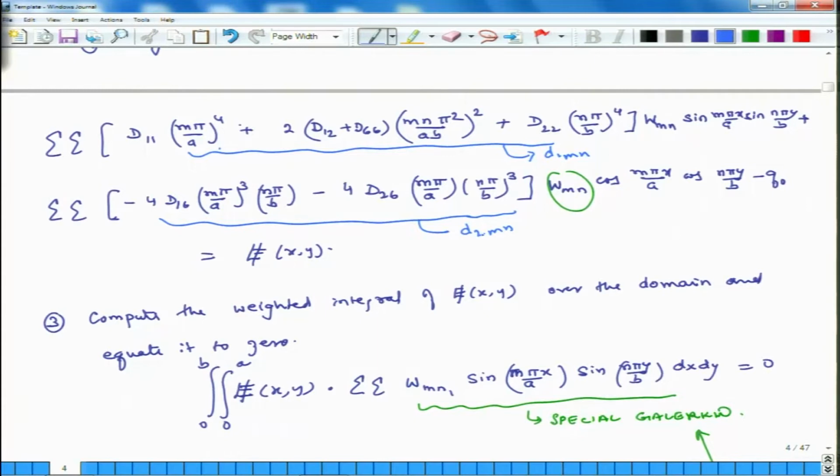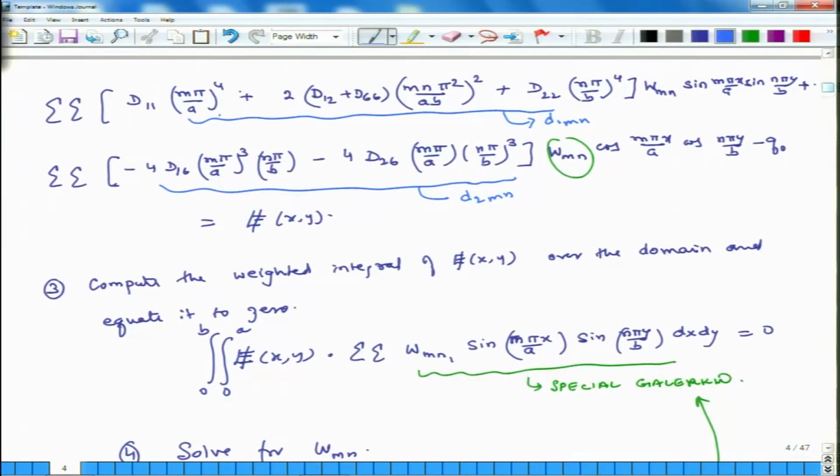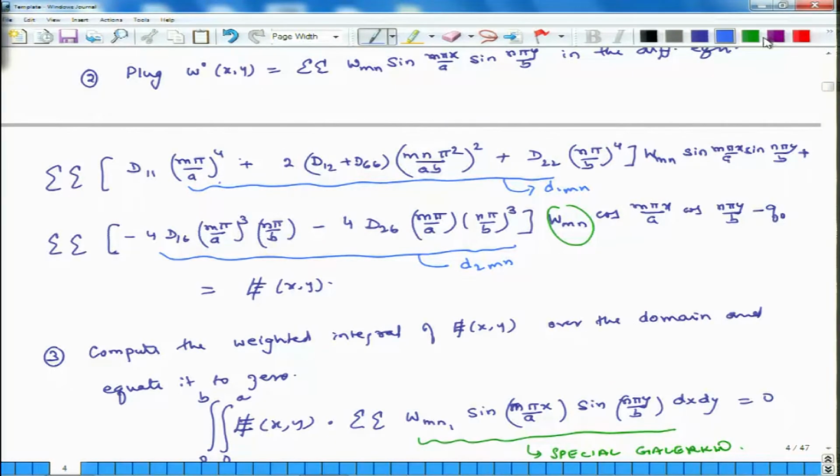So, D1 mn gets multiplied by W mn, and D2 mn also gets multiplied by W mn, but D1 mn is multiplied by sine m pi x over a, and D2 mn is multiplied by cosine m pi x over a times cosine n pi y over b. To compress things further, I call D1 mn times W mn as A mn.